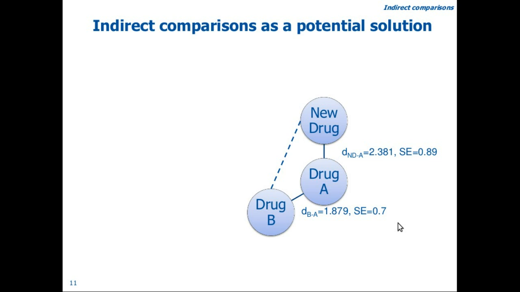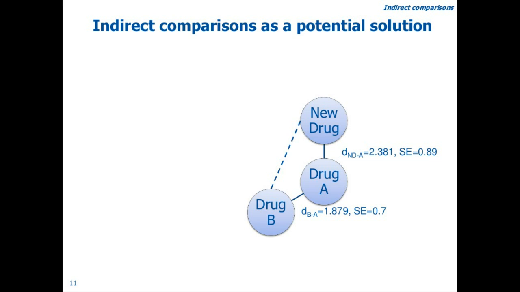If I tell you that a higher score on our outcome is better, you might reasonably assume a couple of things. First of all, you might reasonably assume that the new drug is better than drug A, and in fact, our confidence intervals support that assertion.